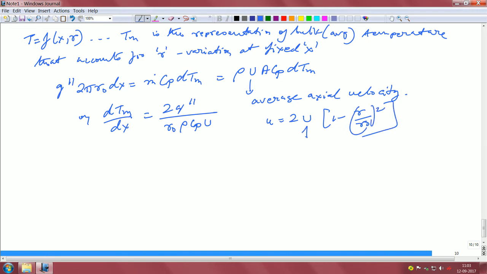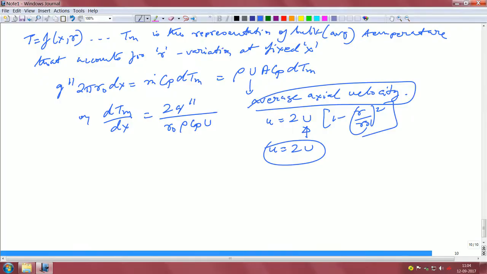So, this is nothing but that average velocity that we are concerned with here. Now, you can see that in this expression, u is maximum at the center. So, when you put r equal to 0, u becomes equal to 2u, that means twice the average velocity, right.